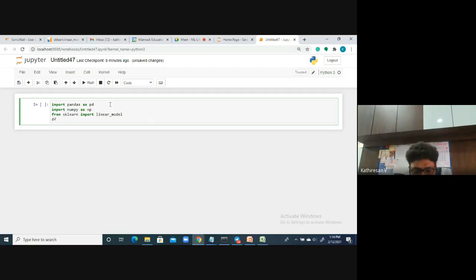First we have to import the data from the CSV file. So df equal to pd.read_csv of multilinear regression.csv, and we have to display the data.